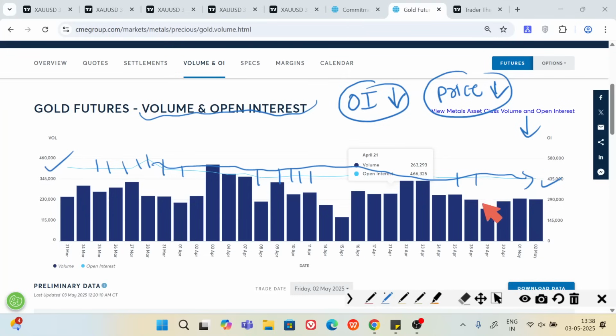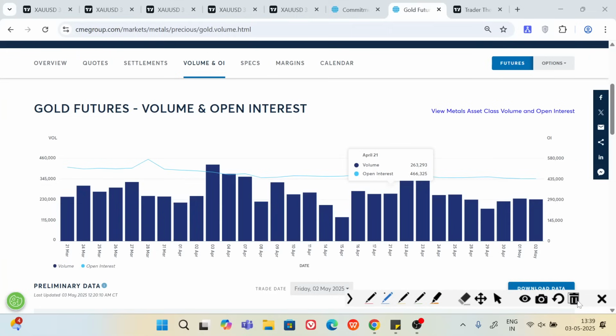The volume is also almost flat, so there is no big movement in volume, but these indicators, OI and price, are currently signaling that the price can make a down move next week also.